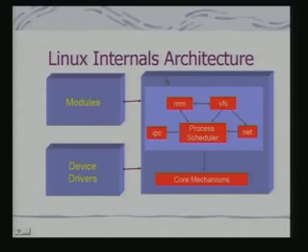If you look at a typical Linux internals architecture, a key issue here is the process scheduler. You can have multimedia support, inter-process communication, and networking support, and this is linked to the core mechanisms. What you would do is select the modules which are available in the modular architecture, and the device drivers which are available, put them together and construct this architecture.